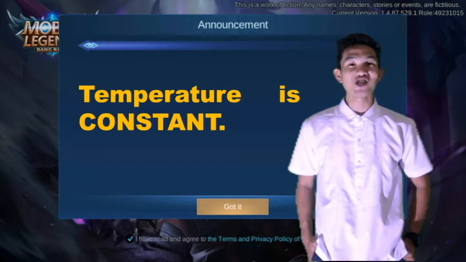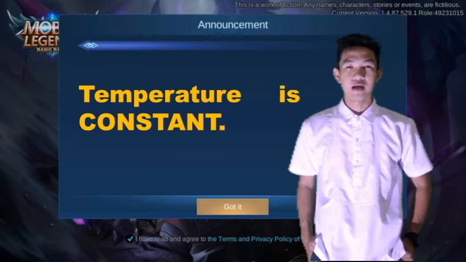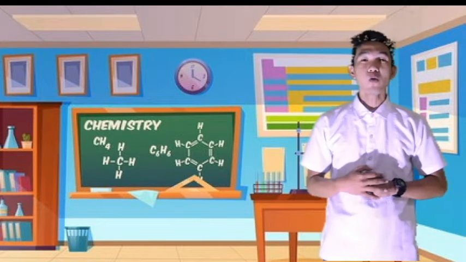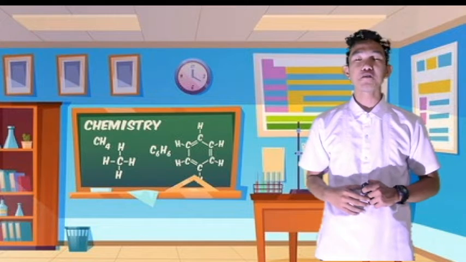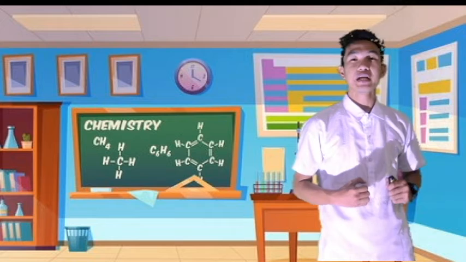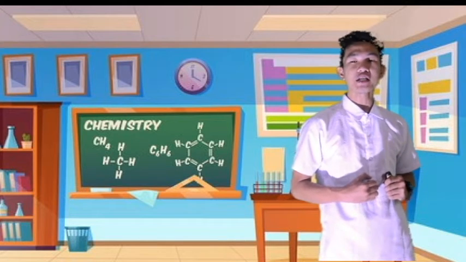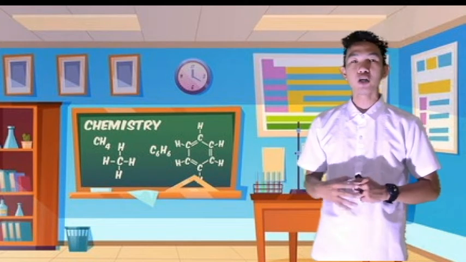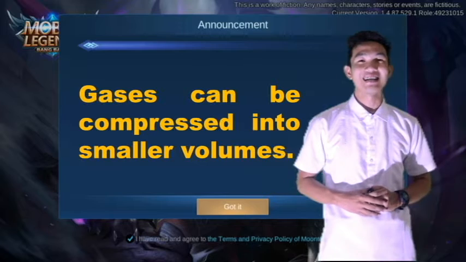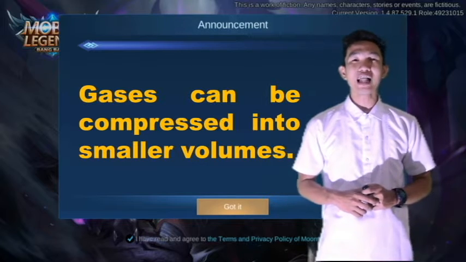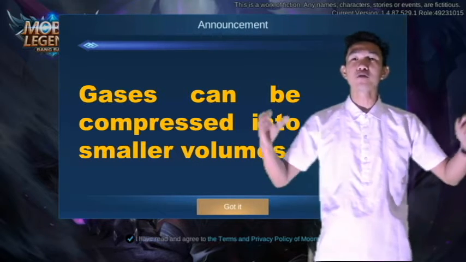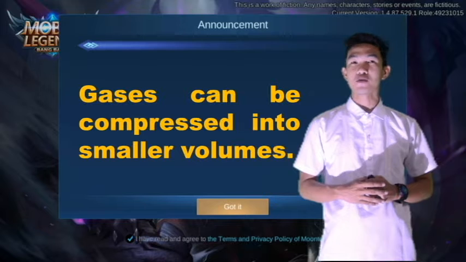It is not changing. Is there any question? Now, you are able to distinguish the difference between volume and pressure. I am pretty sure that you can now explain how changes in pressure affect the volume of the given situation, or vice versa. Take note, class, that gases inside the balloon can be compressed into smaller volumes.